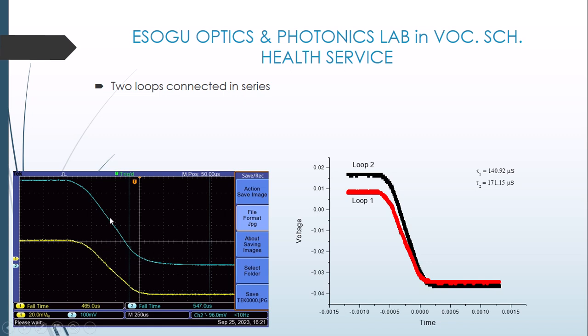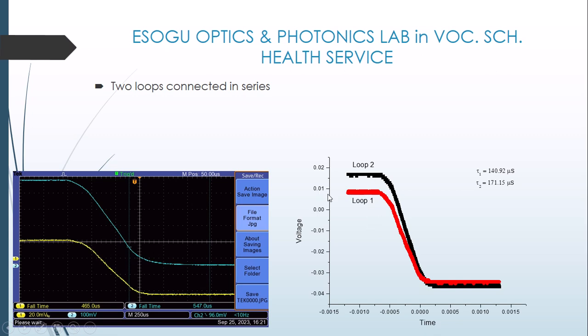I connected two loops, I optimized my system, and then I connected two loops in series. I got the software and two loops working together simultaneously. I can collect data in real time, and simultaneous measurement can be carried out in our system.